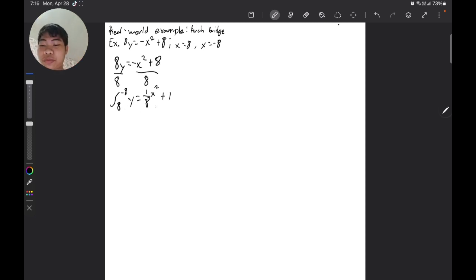After simplifying the equation, we will now find its antiderivative.